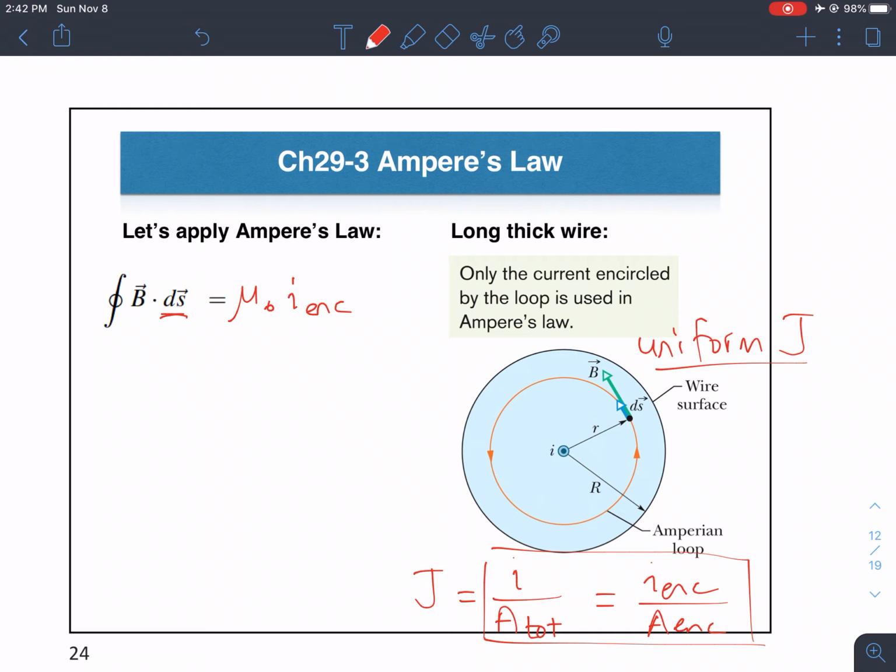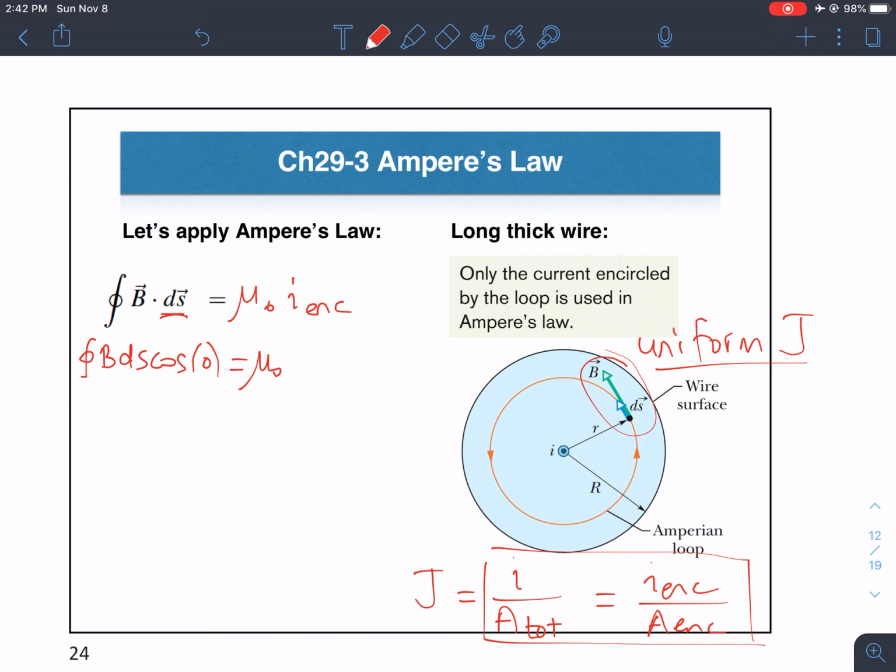So when we work on Ampere's law, on the left side we have B ds cosine of the angle between them. You can see that they are pointing in the same direction, so the angle is 0. And mu naught, and I'm going to replace I enclosed with the new ratio from the current density.